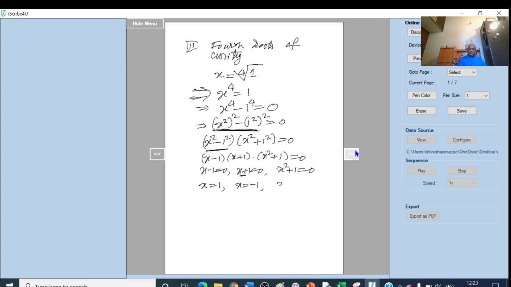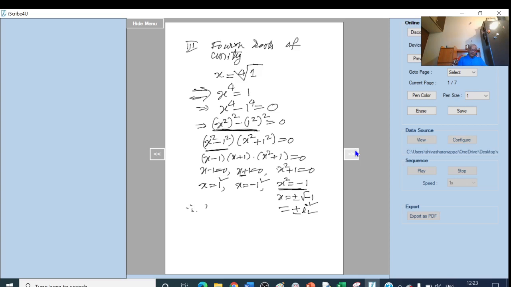And x square plus 1 equal to 0 means x square is equal to minus 1. And here x square equal to minus 1 means x is equal to plus or minus root of minus 1, which is nothing but i. So therefore here, what are the roots? 1 is 1 root, minus 1 is 1 root, i is 1 root and minus i is 1 root.